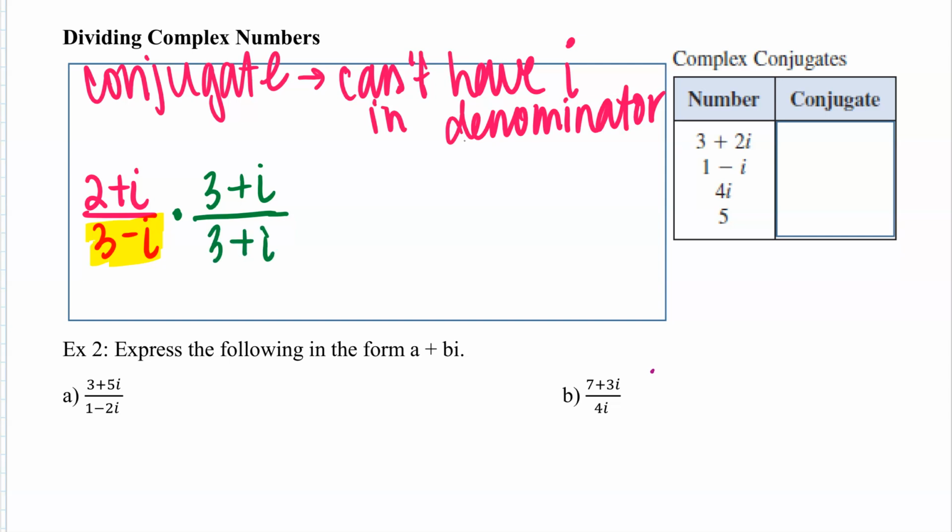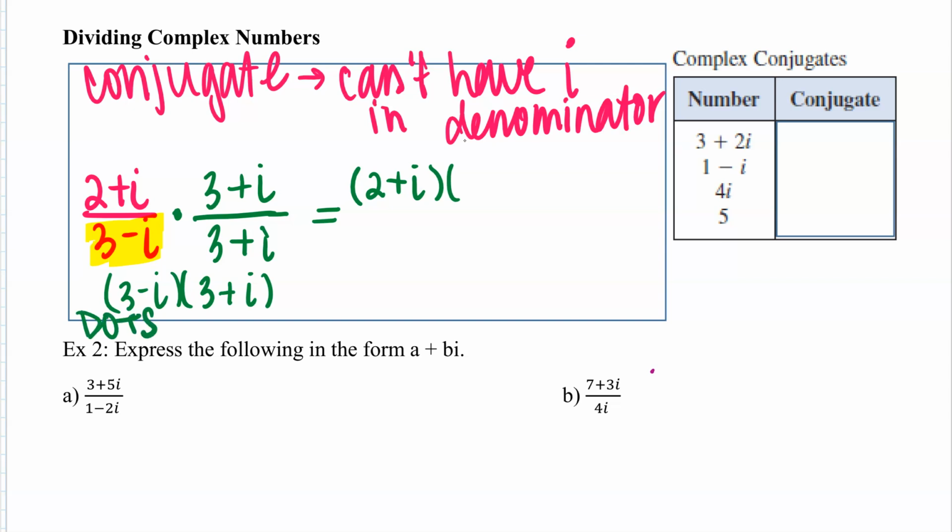And the reason for that is really now in the bottom you have 3 minus i times 3 plus i, and then when you FOIL it out, like we're about to do, our i's will cancel, because this is essentially creating difference of squares.